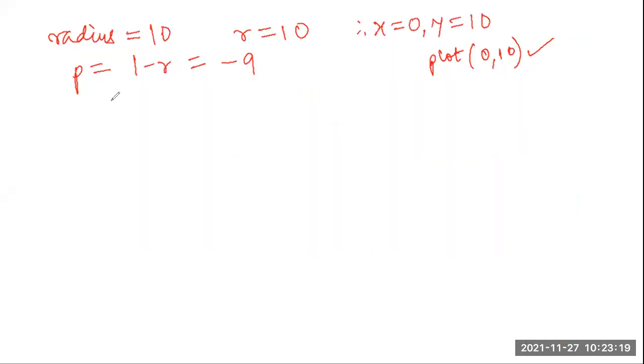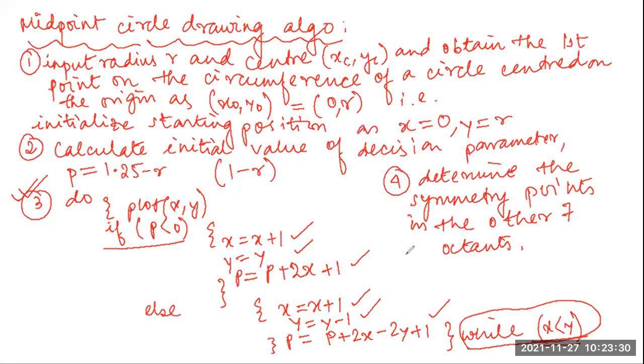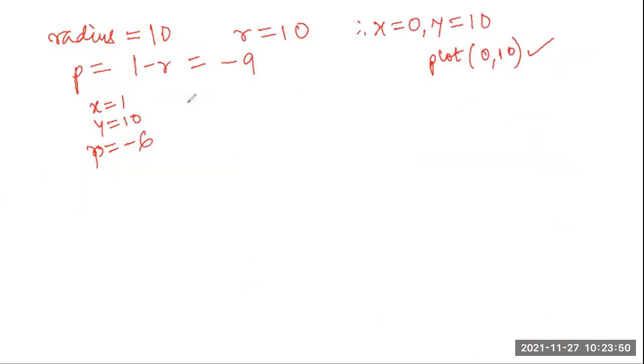So the new value of x is 1, y is 10, p is minus 6. Did you understand how he found out? He put the value of minus 9 over here, and the value of x he got over here. Just the x value you get in this step, apply it in this step only. Always use the updated value, not from where you started. So by putting this, he got minus 6.